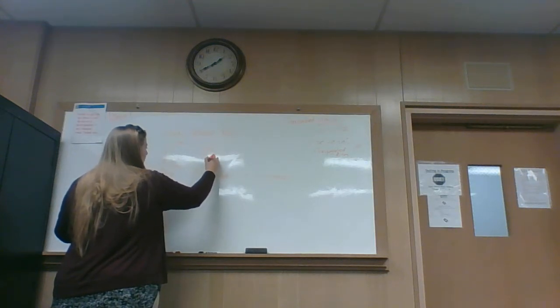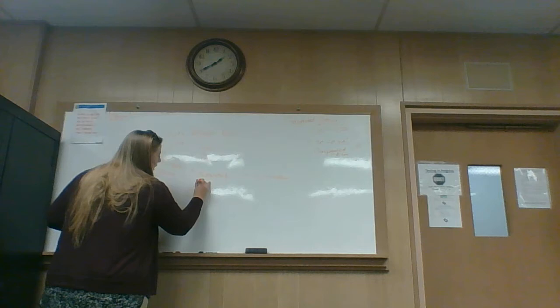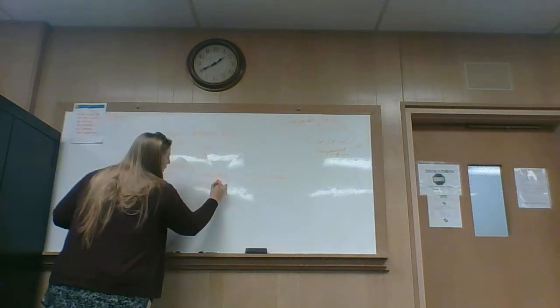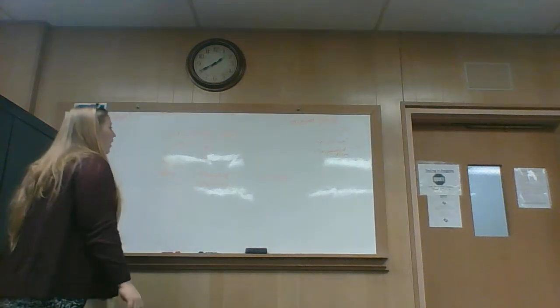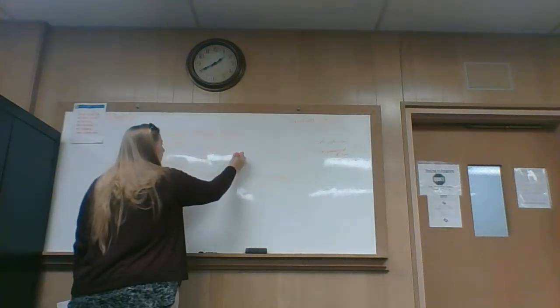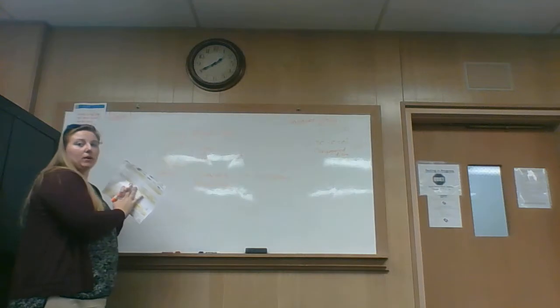When we're talking about a dienophile, you can think of an alkene or an alkyne for this specific reaction. These two are going to combine and they're going to make a ring.